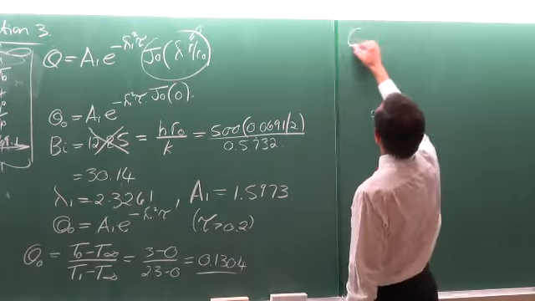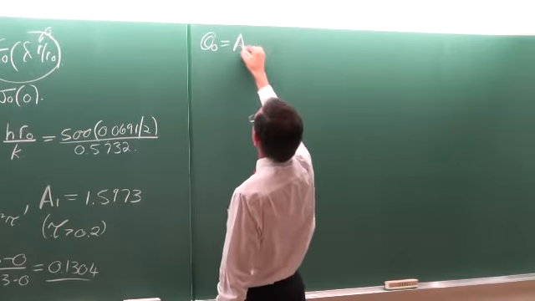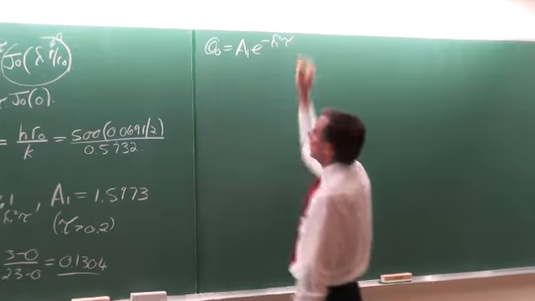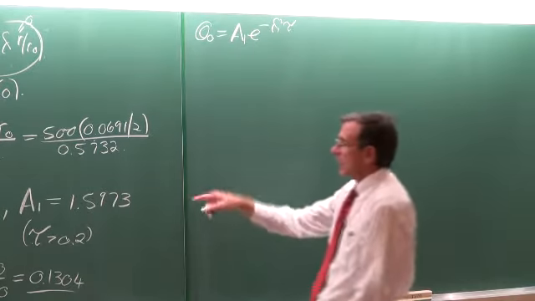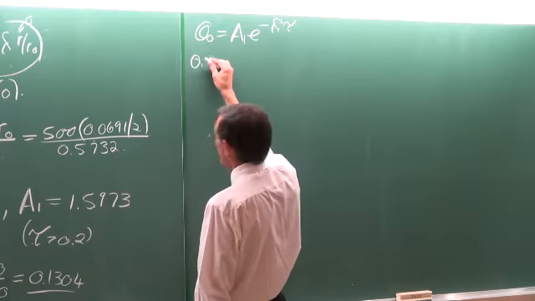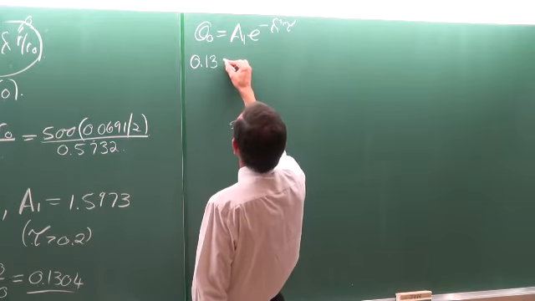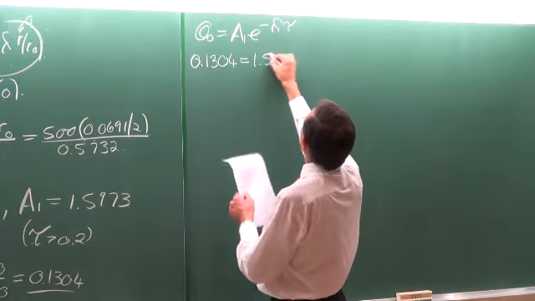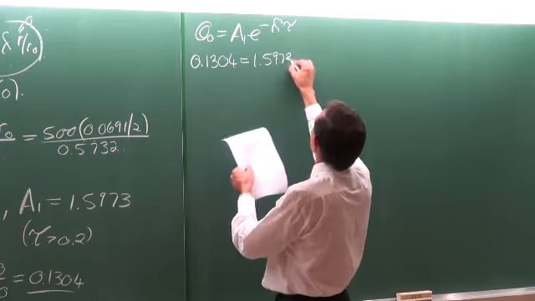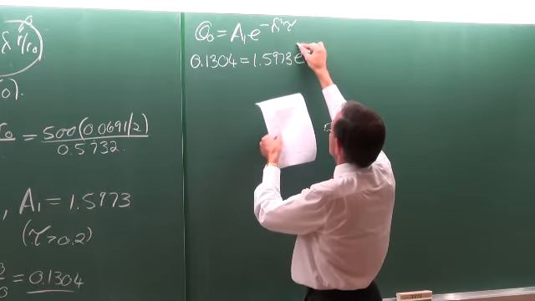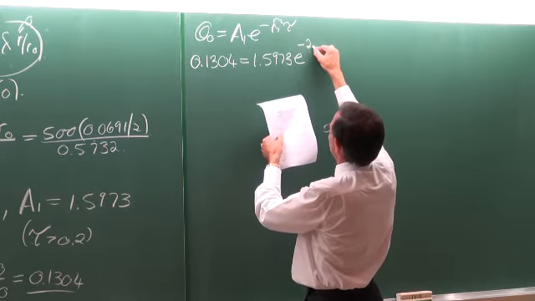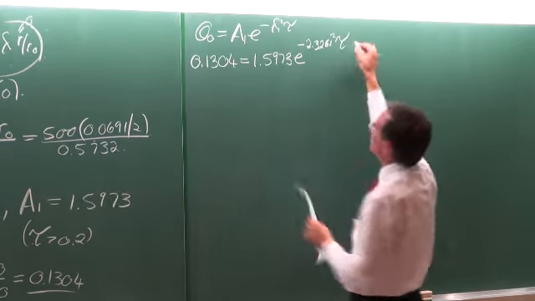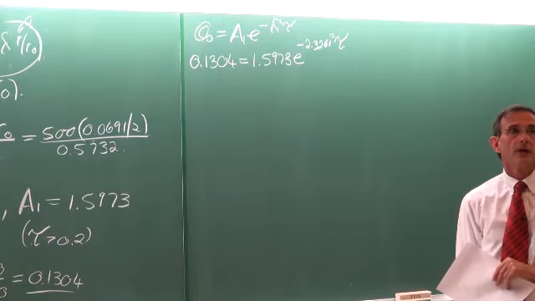So coming back to this equation, the non-dimensionalized temperature is equal to A1 e to the minus lambda 1 square multiplied by tau. We now have the non-dimensionalized temperature: 0.1304 is equal to 1.5973 e to the minus 2.3261 square multiplied by tau.